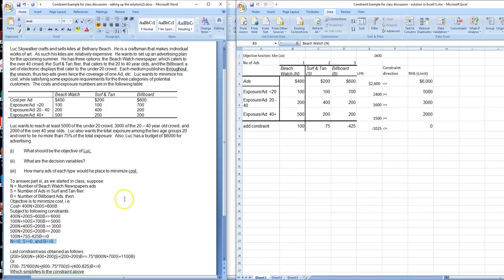Then you are told that he wants total exposure among the 2 age groups, 20 and over, to be no more than 75% of the total exposure.